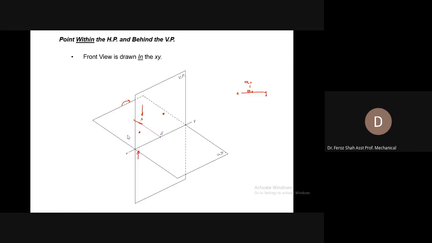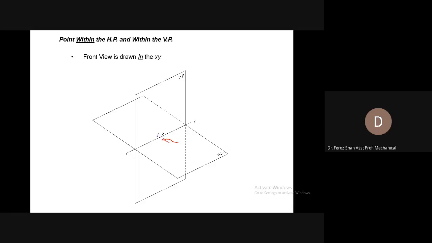The previous one can be dealt with because it is at the boundary of the second and third quadrant, so it can be reckoned as within the second quadrant and drawn using the second angle of projection, or if we consider it to be in the third quadrant, we will use the third angle of projection, but the result would be the same. So for this point, as it is lying within the horizontal plane and within the vertical plane, it is basically at the boundary of all quadrants.